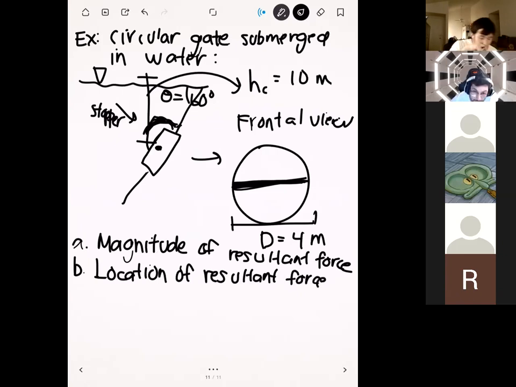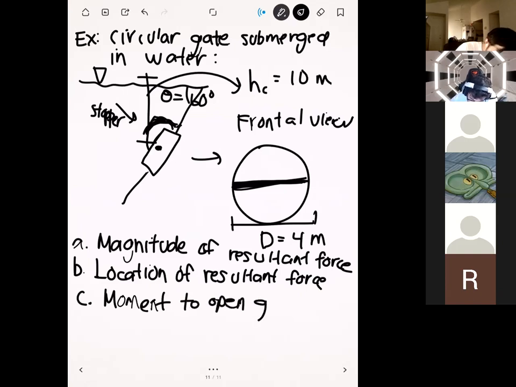And then from the magnitude and the location, what we can compute is the moment that's needed to open the gate. And so what we're going to do is apply the equations that we went over today to compute all of these. Are there any questions about the problem setup or the problem geometry?